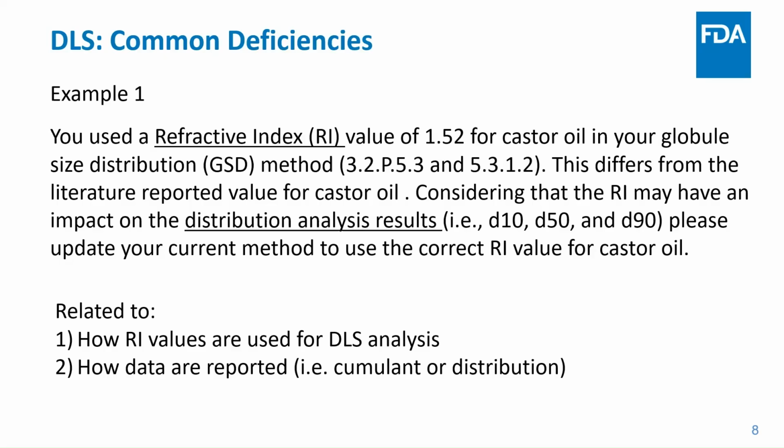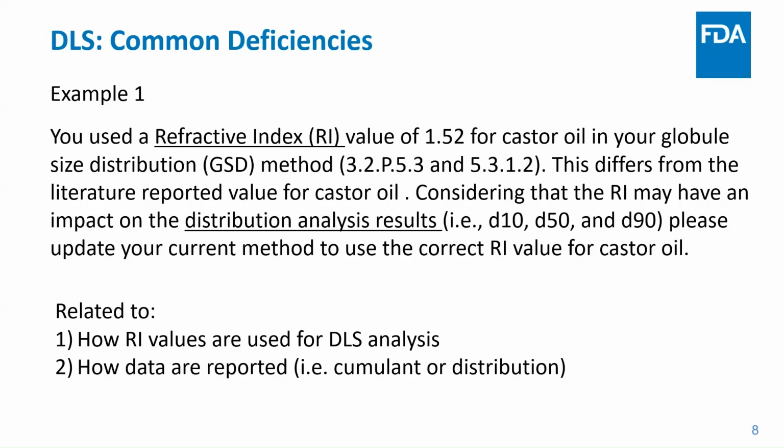So with that unknown, if they were using cumulant analysis, Z average, then this question would be completely not relevant. But because they are using distribution analysis and there's this uncertainty about the value they are providing, it's important to ask them to pay attention to the correct input value for the refractive index.